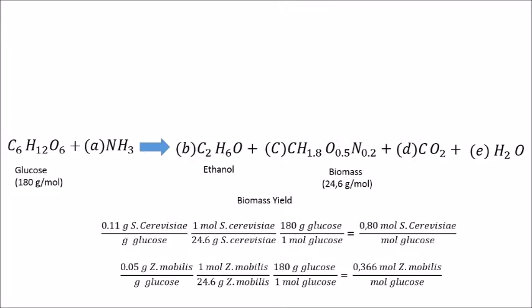So, in the case of Saccharomyces cerevisiae, 1 mole of glucose produces 0.8 moles of Saccharomyces. And for the case of Z. mobilis, 1 mole of glucose produces 0.366 moles of Z. mobilis.